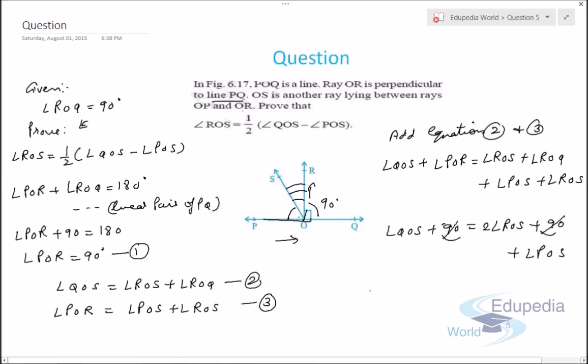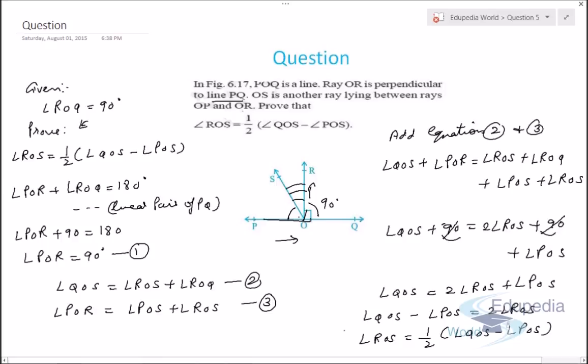So what we get is angle QOS equals 2 times angle ROS plus angle POS. So we can rearrange them. So angle QOS minus angle POS equals 2 times angle ROS. So we can write angle ROS equals half of angle QOS minus angle POS.